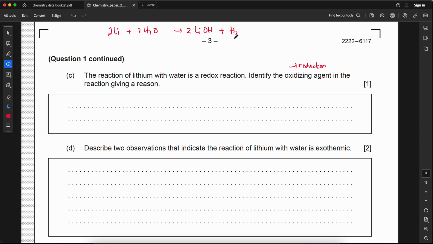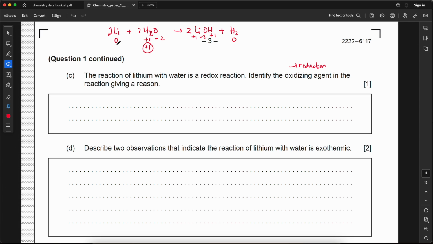So free element or standard state is 0, H is plus 1, Li group 1 is plus 1, oxygen we know is always negative 2, and then oxygen negative 2, this one H2, H is plus 1 the charge, and because of H2, if it's H1 it's always plus 1. Li is a free element, so 0.